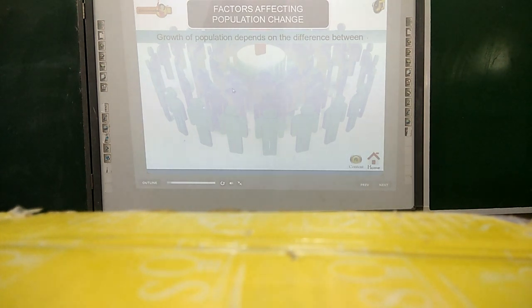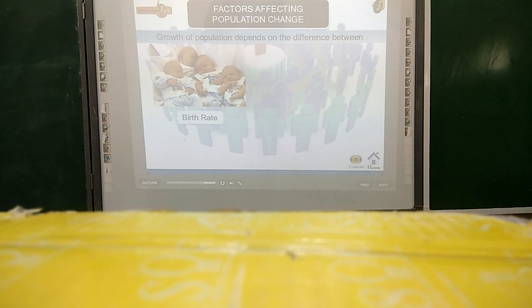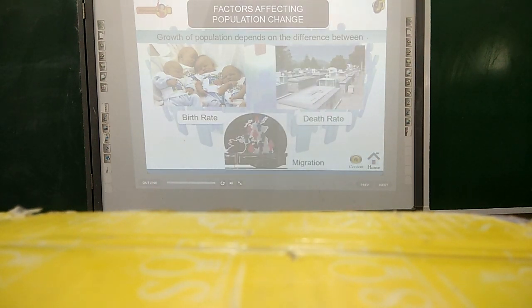Let us have a look at the factors affecting population change. Growth of population depends on the difference between birth rate, death rate, and migration. Children, remember, which are the most important factors affecting the population change?